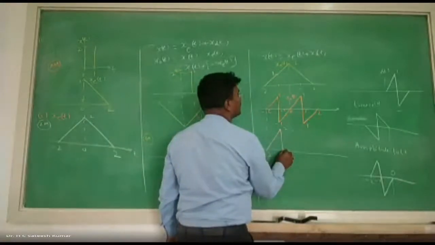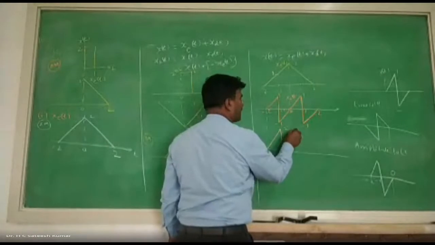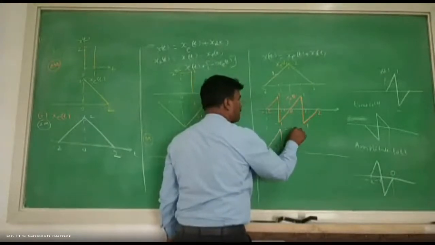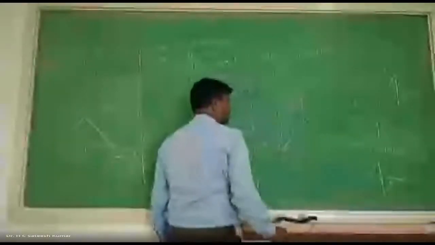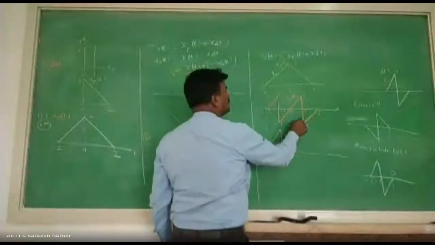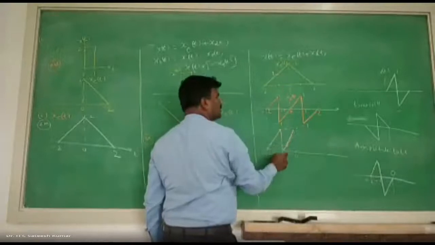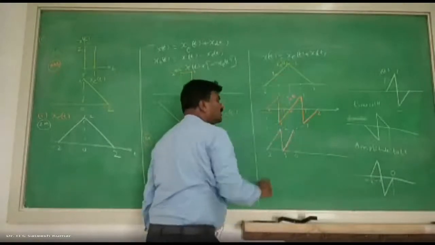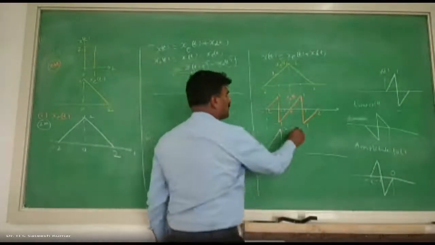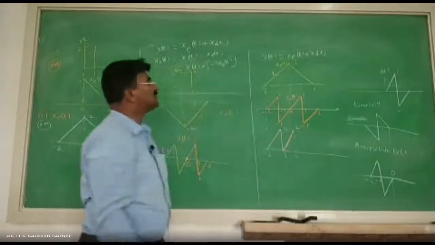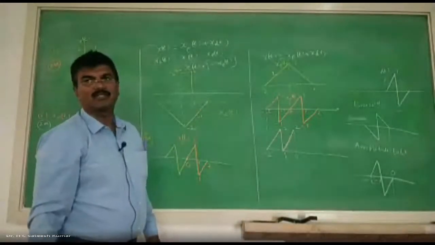It will increase up to 2. At 0, its value is 2. 0 plus 2, and -1 plus 1. Increase plus increase is increase. So therefore, what are you going to get? Its value is 2.